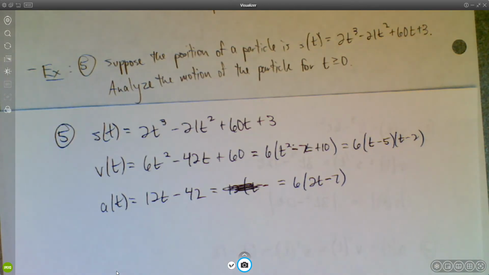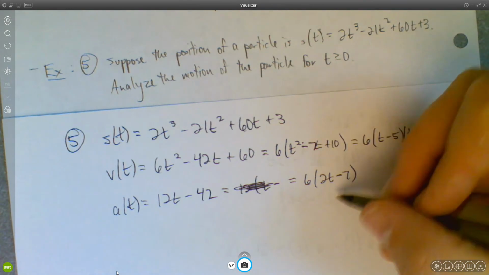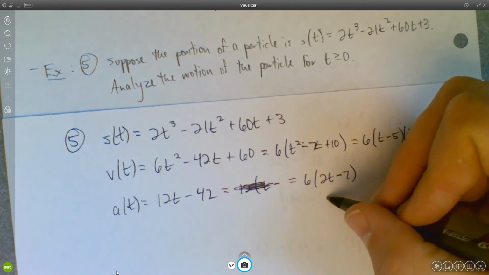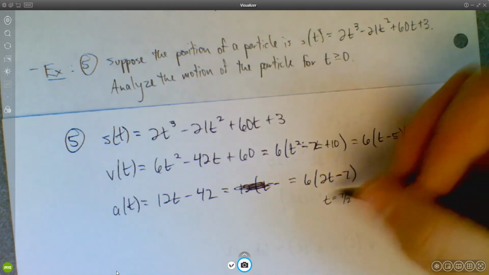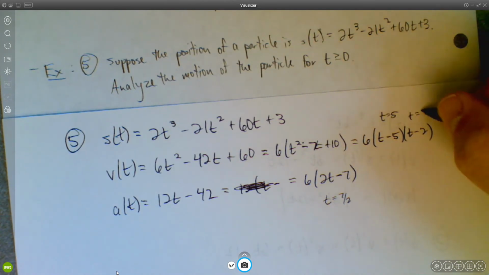Okay, I think I'm just going to make a chart kind of like I did before. So here I'm going to get an inflection point at 7/2. Here I'm going to get t equals 5, t equals 2.